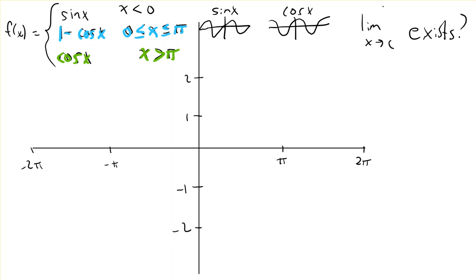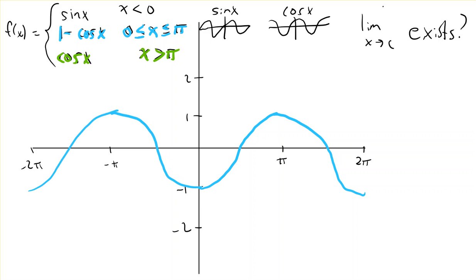Okay, so the cosine graph would look like, it's a very rough sketch, but that's what the cosine graph looks like. I want to reflect that over the x-axis. So instead, it's going to be like that. And then I can think of the plus 1.